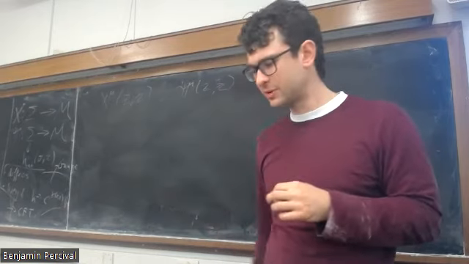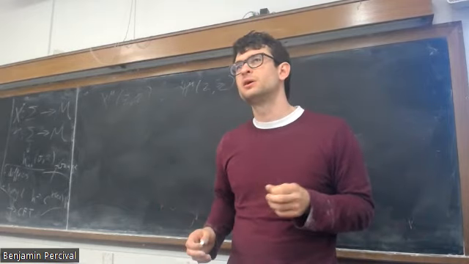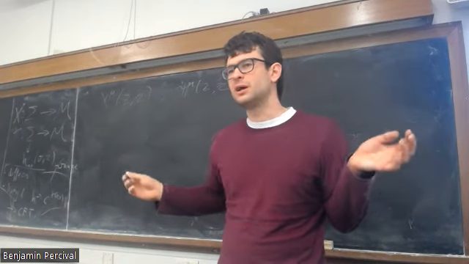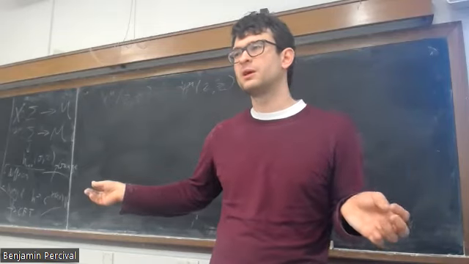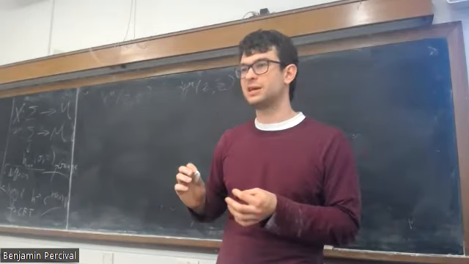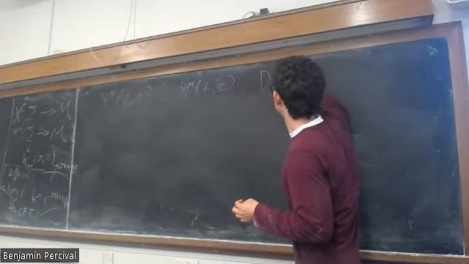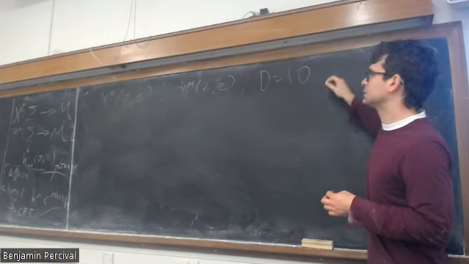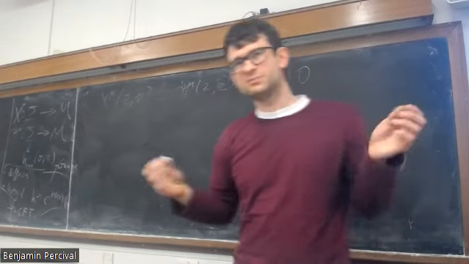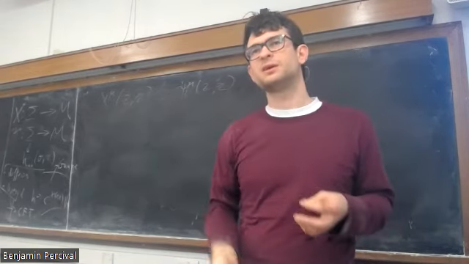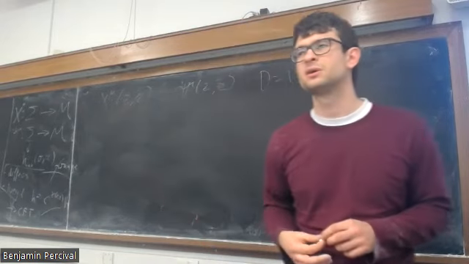If you follow the quantization through, there's an anomaly that would show up in the conformal theory if you aren't in d equals 10, where d is the dimension of the space-time. You can also get this result from the other quantization procedures, but it's not as rigorous.